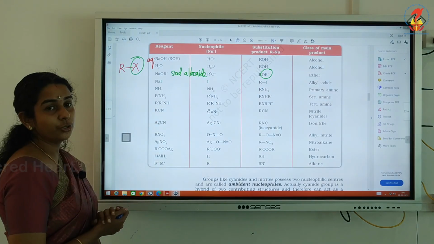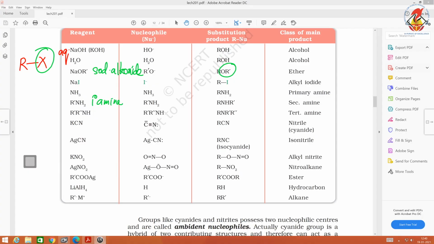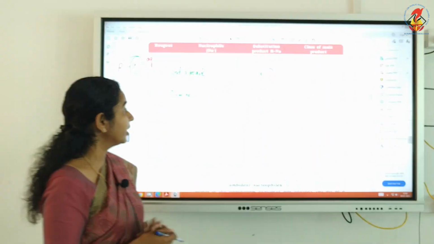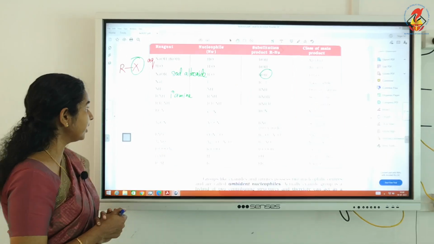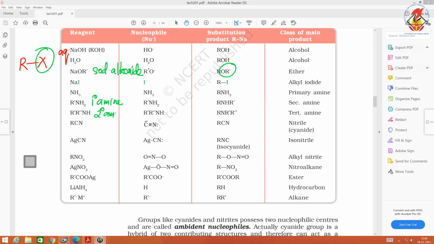Now RNH2 is the next reagent, known as a primary amine. When a primary amine reacts with RX, the nucleophile itself is RNH2 because there is a lone pair on nitrogen, and we get a secondary amine as the product. This is R2NH, that is a secondary amine.